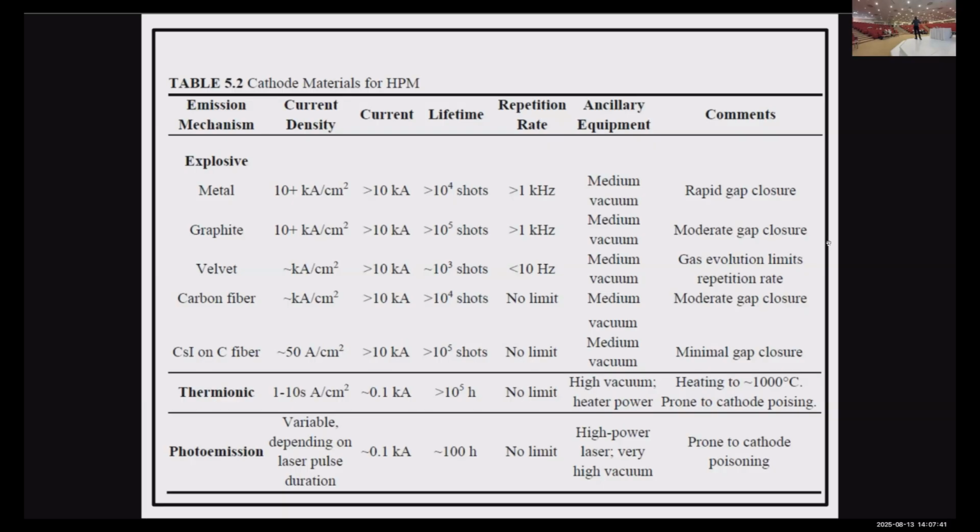If we have a longer pulse, this ion plasma will start to migrate toward the anode, and they will cause gap closure and impedance collapse. So there is no more generation of RF. This is our goal, actually.